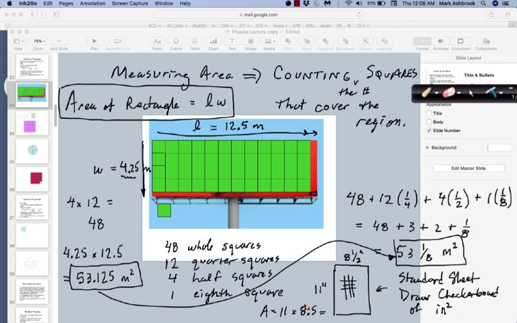That's 88 plus 5.5. Is it 93.5 square inches? Inch squares? Okay, so that's why the area of a rectangle is length times width. That formula, in effect, counts up the squares that would cover your region.